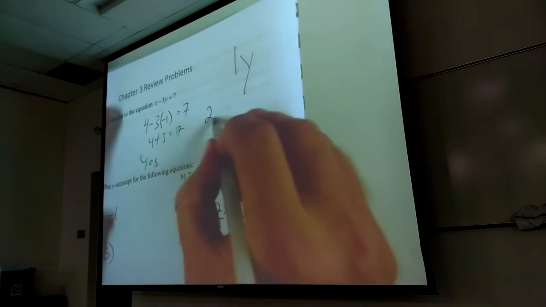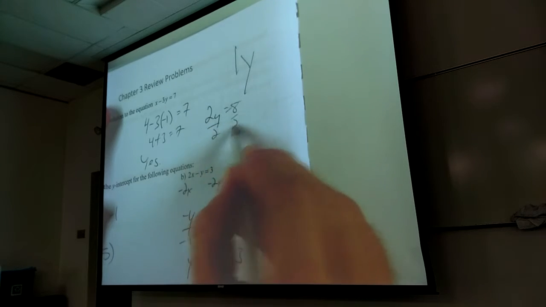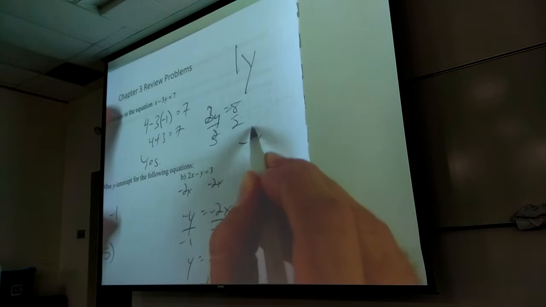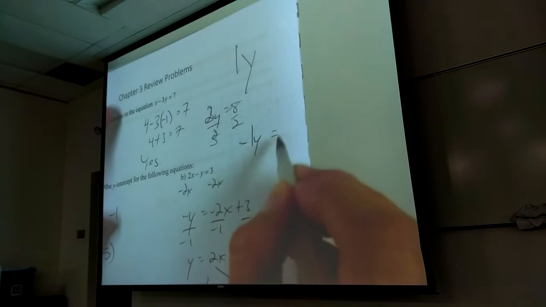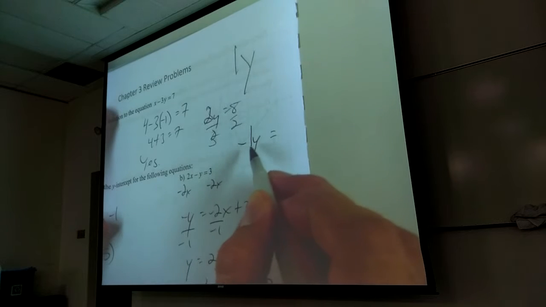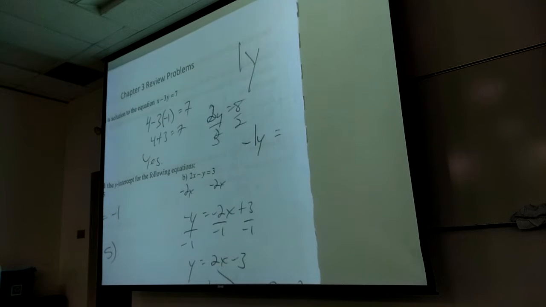If I had 2y equals 8, how do you solve for y? Divide by 2. If I had 3y equals 8, I would divide by 3. So if I have negative y with an understood 1 there equals something, how do I solve for y? Divide by negative 1. You divide by whatever is multiplying. You want to get rid of that, so you do the opposite.